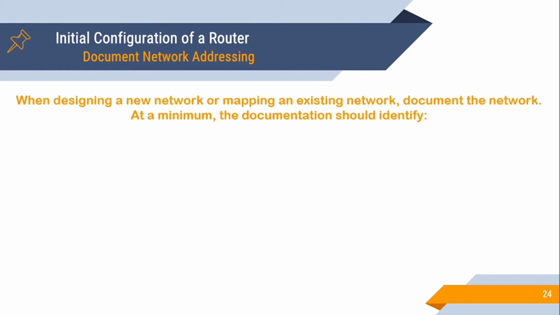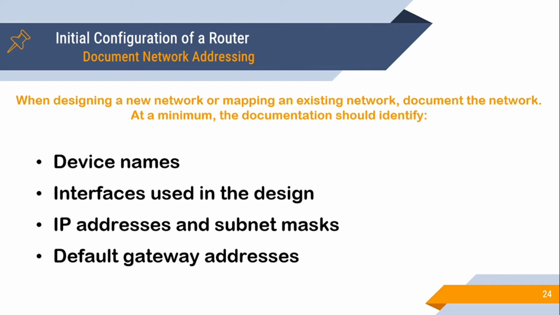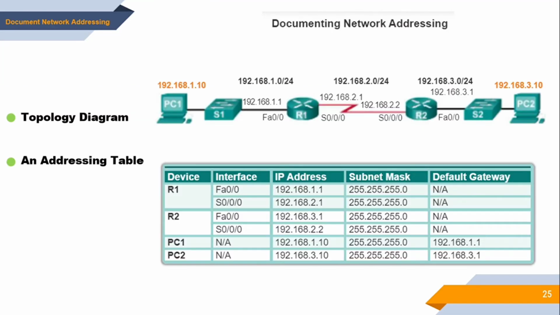When designing a network or mapping an existing network, document the network. At a minimum, the documentation should identify the following: device names, interfaces used in the design, IP addresses and subnet masks, and default gateway addresses. As the figure shows, this information is captured by creating two useful network documents.